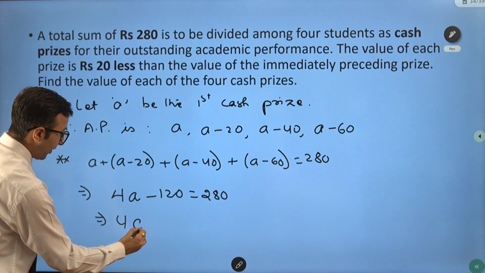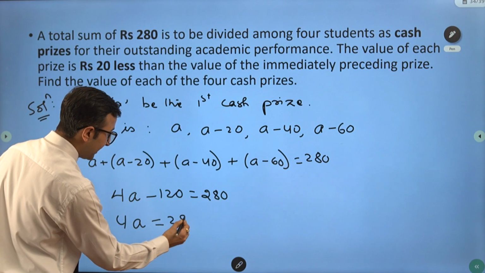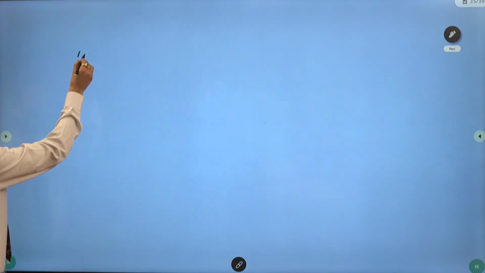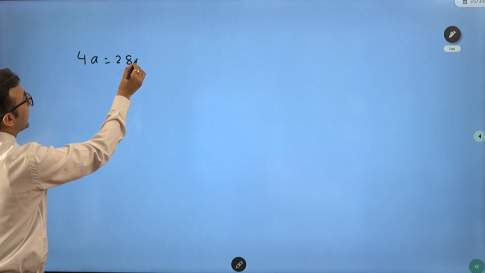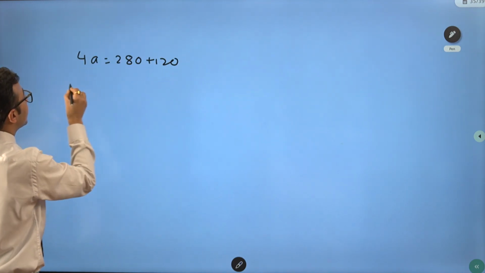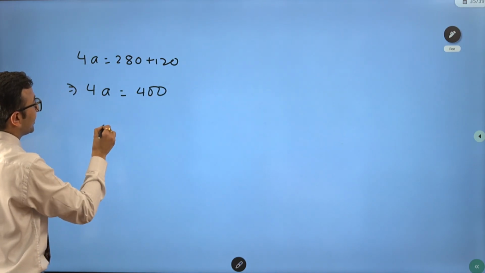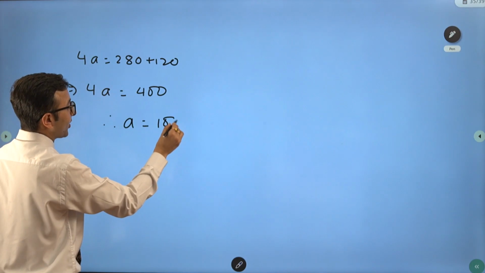Taking that 120 to the other side, 280 plus 120. So 4a is equal to 400. So the value of the first cash prize is 100.